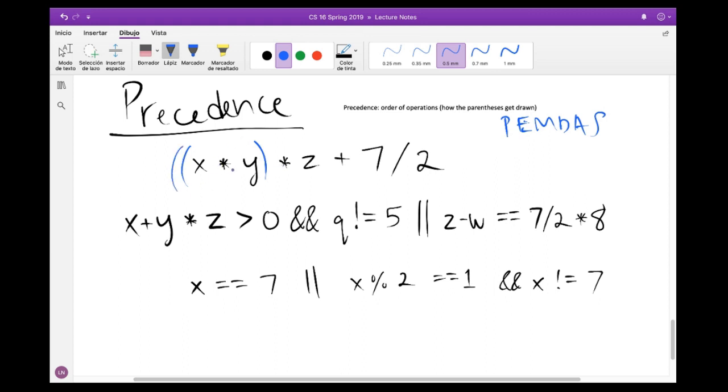Here's another one. And then we have division as well. So that'll happen before this final output. That's the plus. So that's how you would draw parentheses to explicitly say what's going to happen and when.